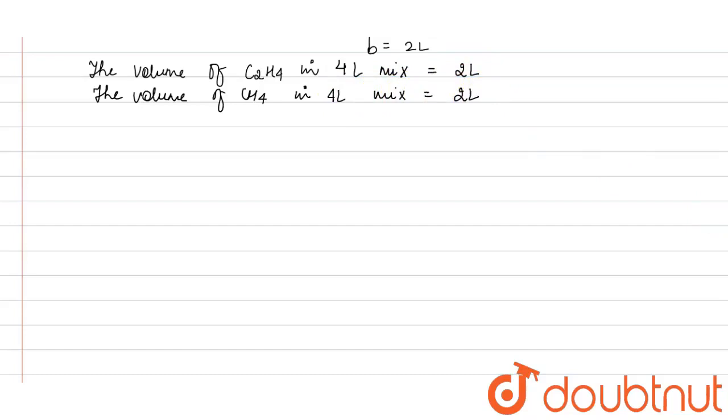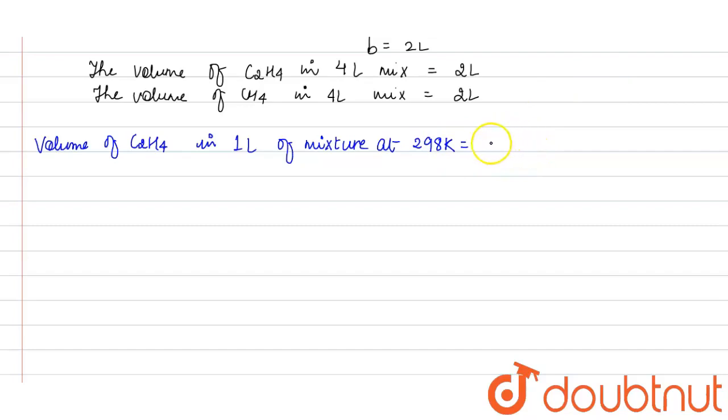But here we are using just 1 liter of the mixture. We need to find out the heat evolved when only 1 liter of the mixture is used, okay. So for calculating that, we will first find out the volume of both the components in 1 liter of mixture. So the volume of C2H4 in 1 liter of mixture at 25 degrees Celsius, that is 298 Kelvin, when you convert Celsius into Kelvin by adding 273, it will be 298 Kelvin, okay.